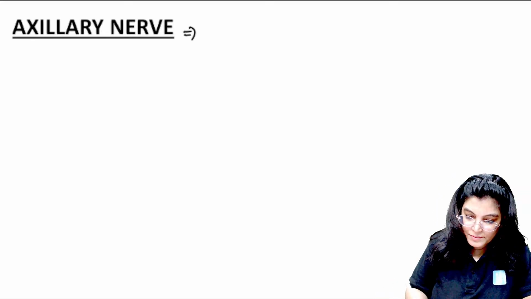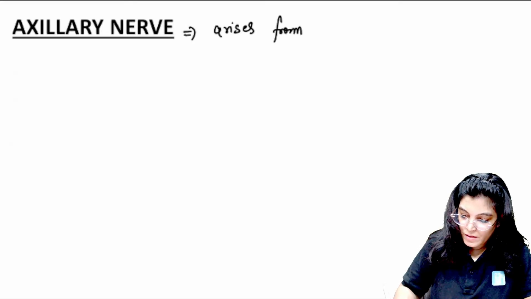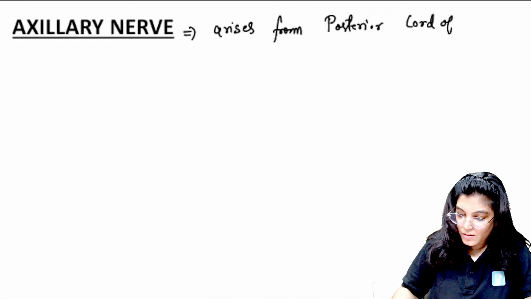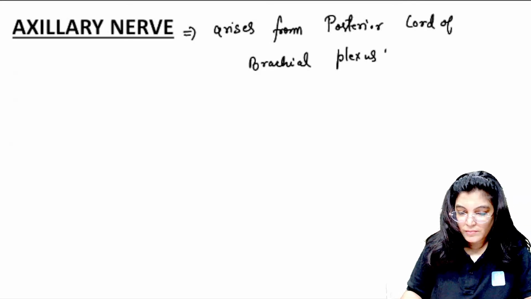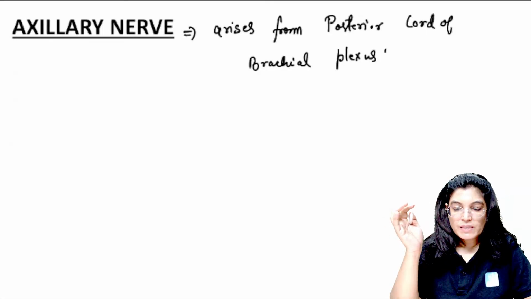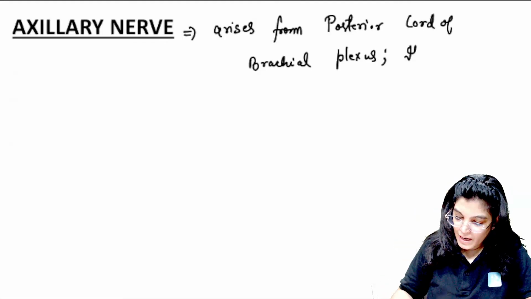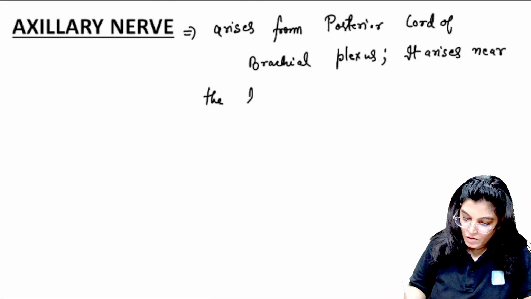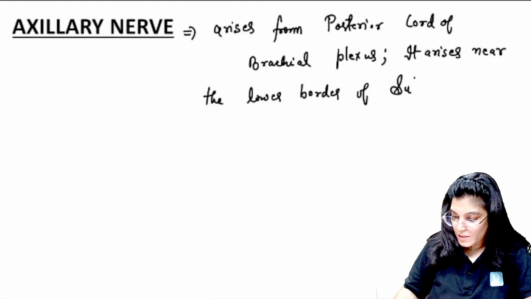So the axillary nerve arises from the posterior cord of the brachial plexus, and it arises near the lower border of the subscapularis muscle.